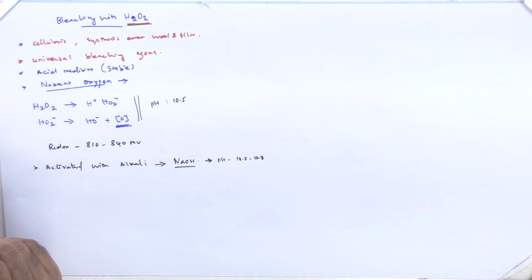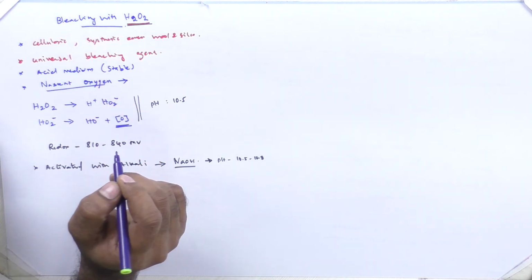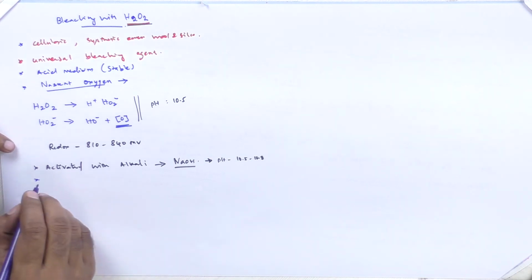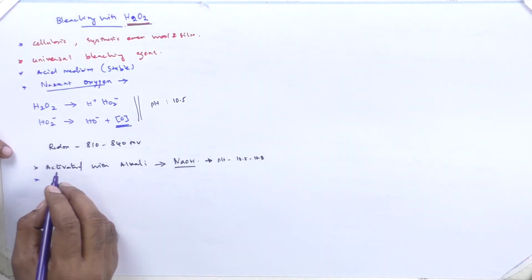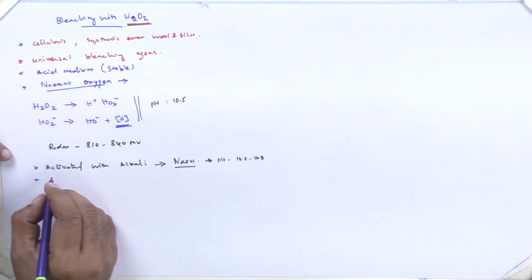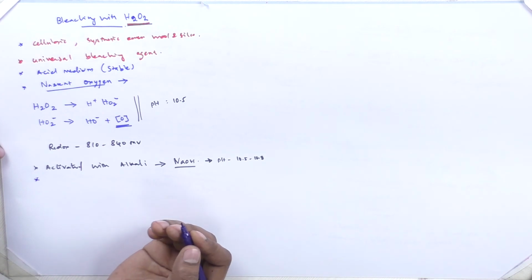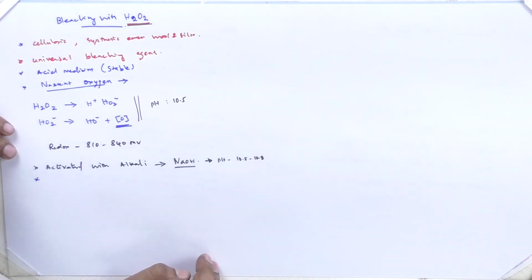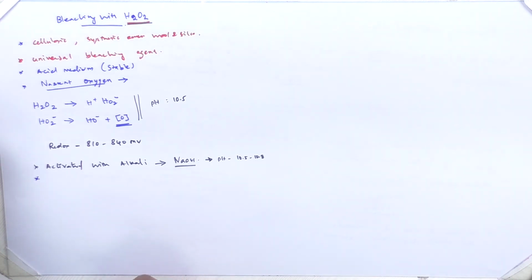And for bleaching, we need to stabilize the liberation of perhydroxyl ion. We have to control the perhydroxyl ion, otherwise it will decompose at a very fast rate.